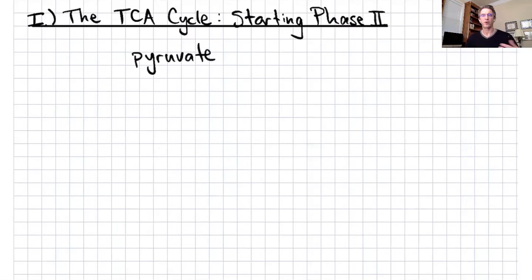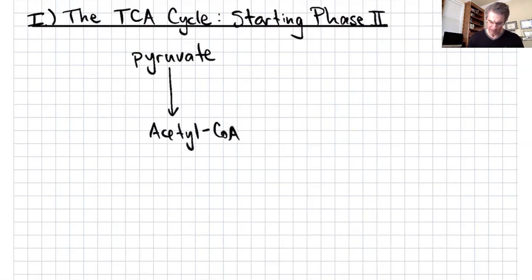We considered that first step of what I call the first phase of the TCA cycle, the way I like to organize it, into the formation of acetyl-CoA. And this is what we saw last time with the pyruvate dehydrogenase complex.